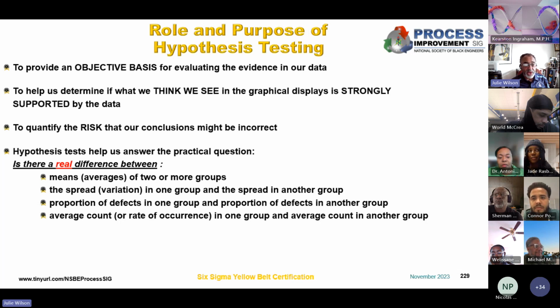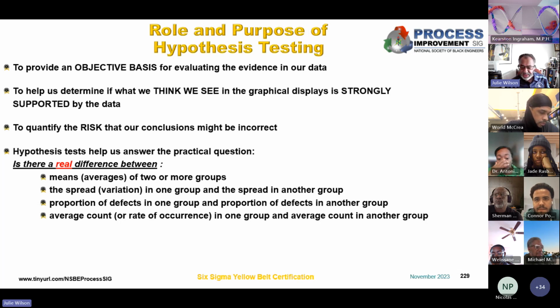Now, hypothesis tests can help us answer the practical question: is there a real difference between the averages of two or more groups, or the spread and variation in one group and the spread in another group, or is the proportion of defects in one group different from the proportion of defects in another group, or is the average count or rate of occurrence in one group different from that in another group?